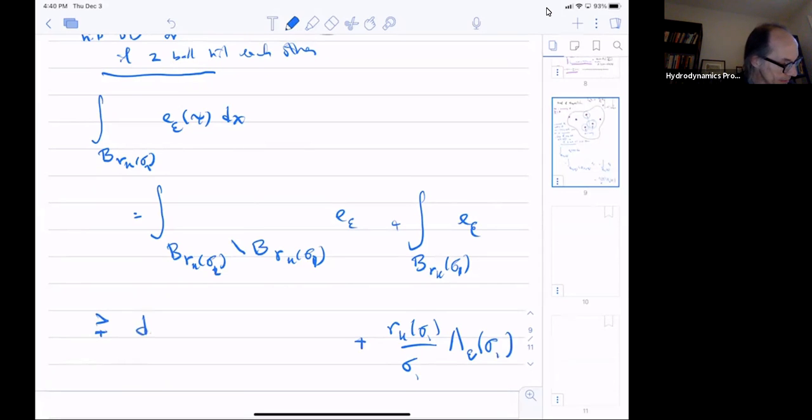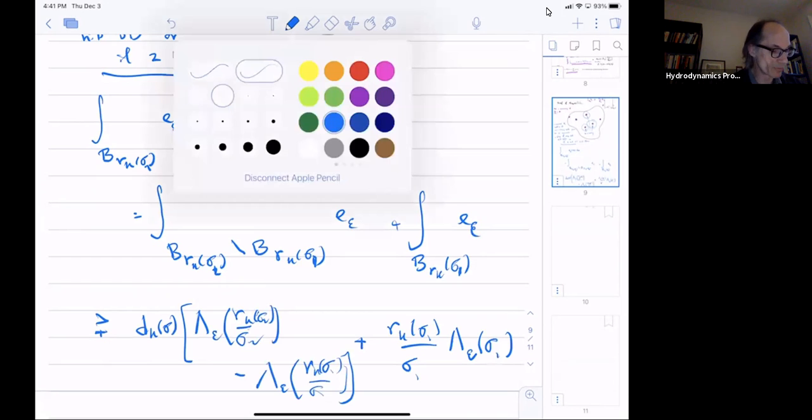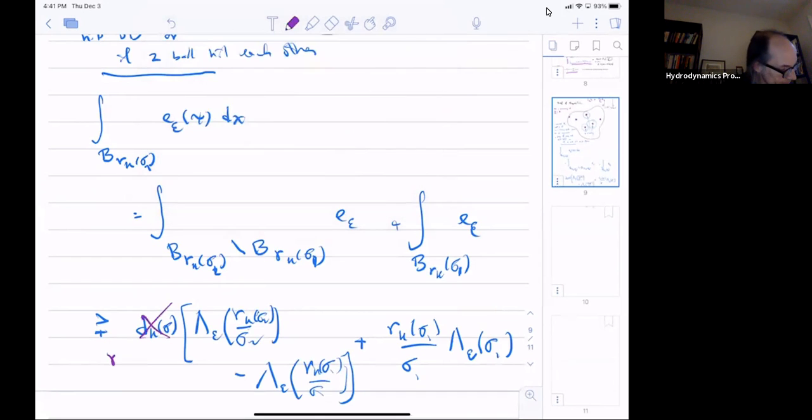This is bigger than dk times lambda epsilon of rk of sigma 2 over sigma 2 minus lambda epsilon of rk of sigma 1 over sigma 1. And because the ball is minimizing, by definition of minimizing, this is exactly equal to rk of sigma 2 over sigma 2. That's what it means for a ball to be minimizing.